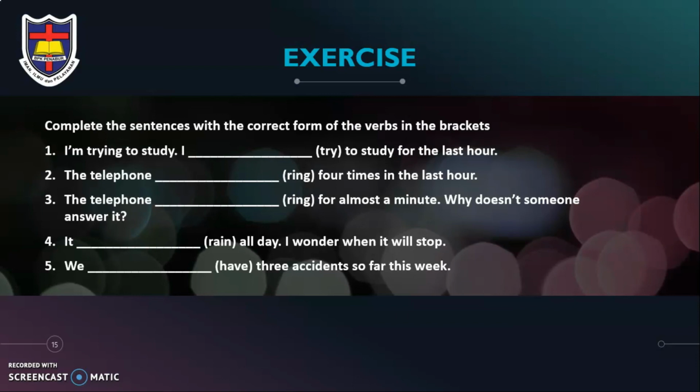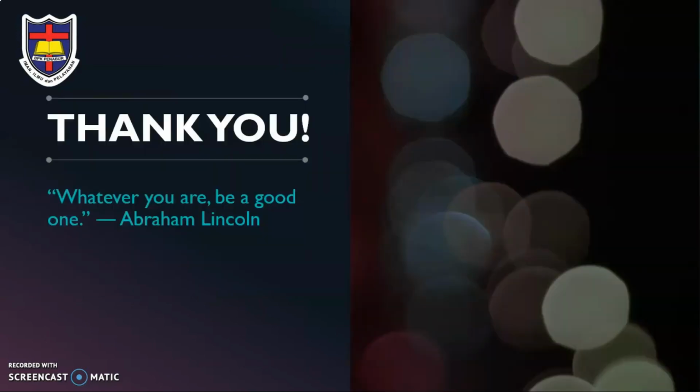You also have to finish it, and then we are going to discuss it whenever we are in the online lesson. Yeah, that's all about present perfect simple and present perfect continuous. Thank you. See you in the online meeting. Bye bye.